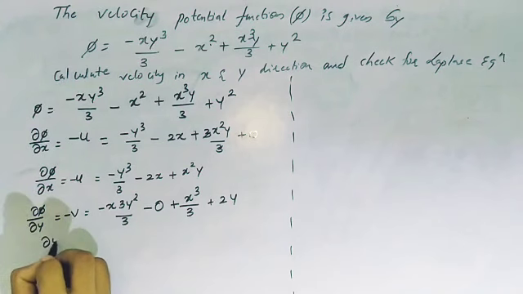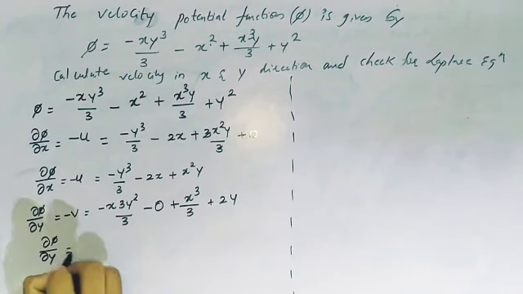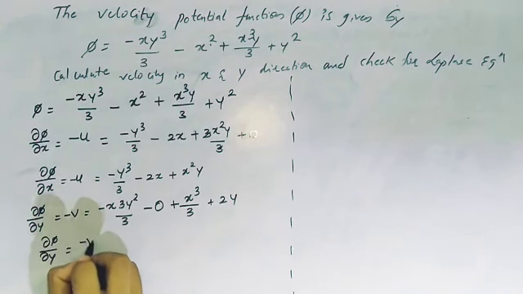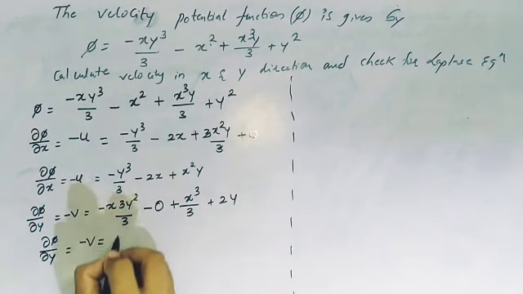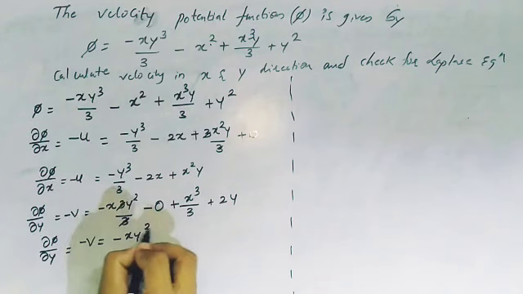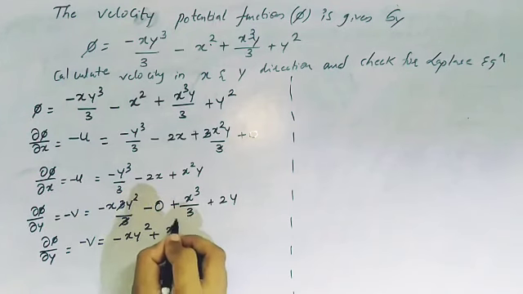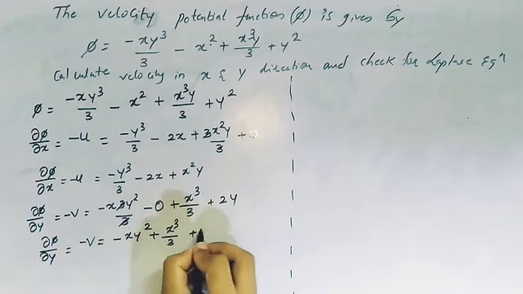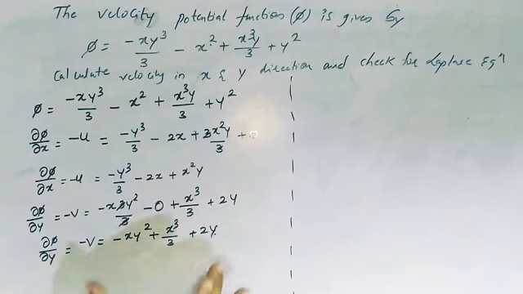Simplifying this equation, minus v is equal to, these 3 get cancelled, minus x y square plus x cube by 3 plus 2y.